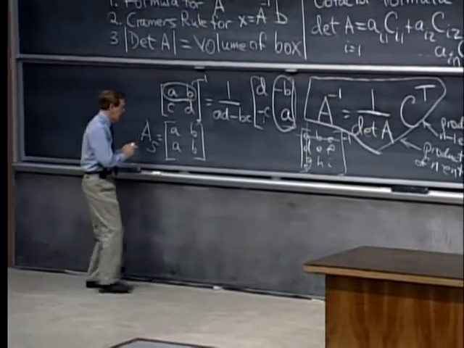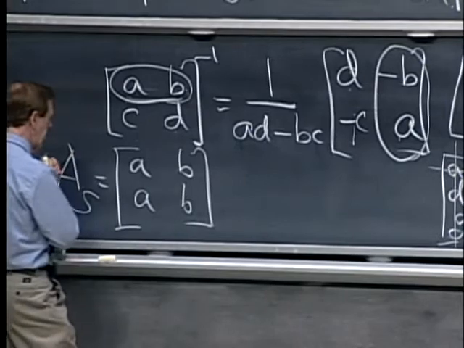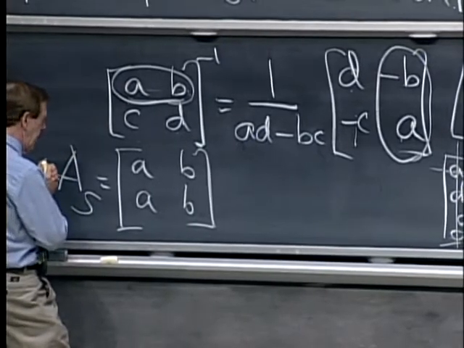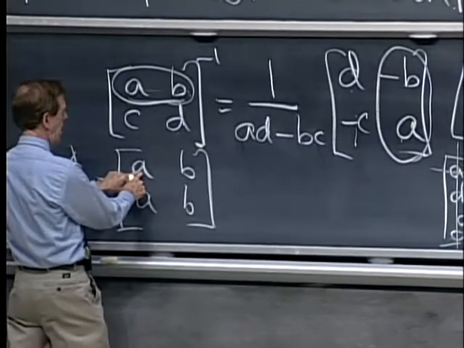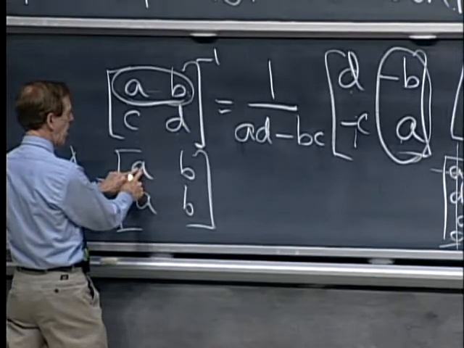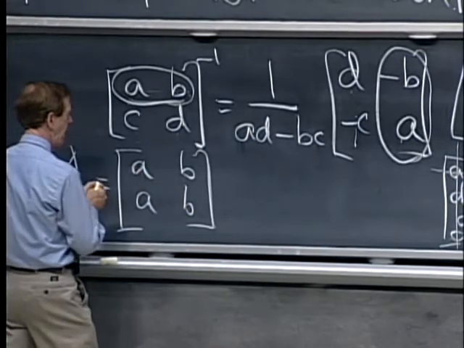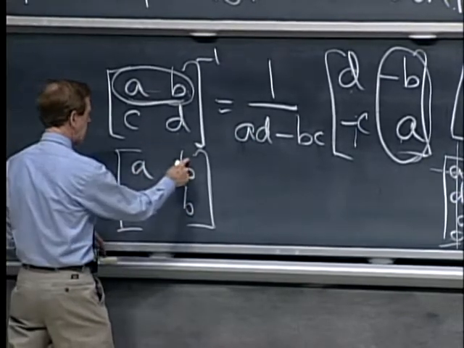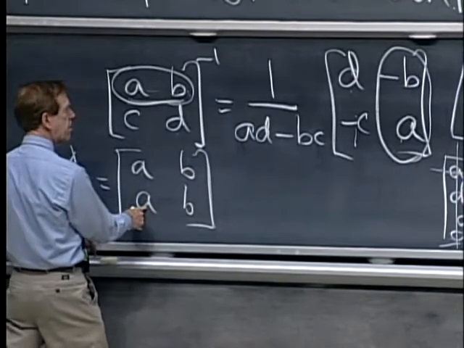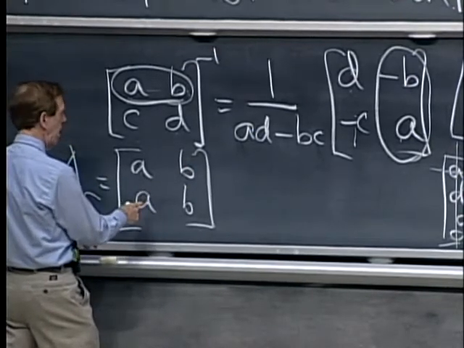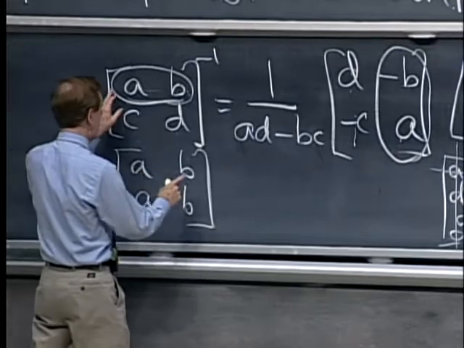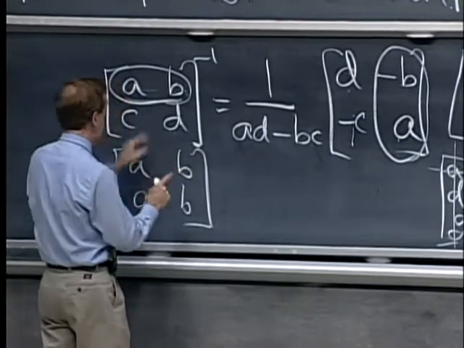Let me try this again. The cofactor formula for the determinant says I should take A times its cofactor, which is this B, plus B times its cofactor, which is this minus A. That's what we're doing, apart from a sign here.